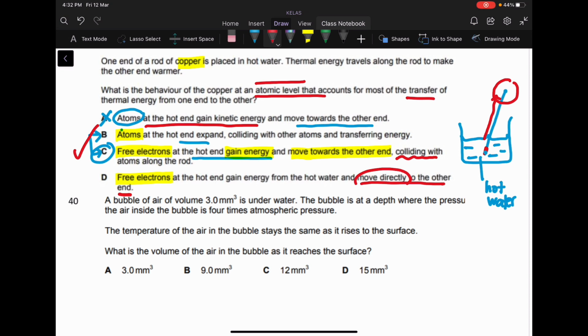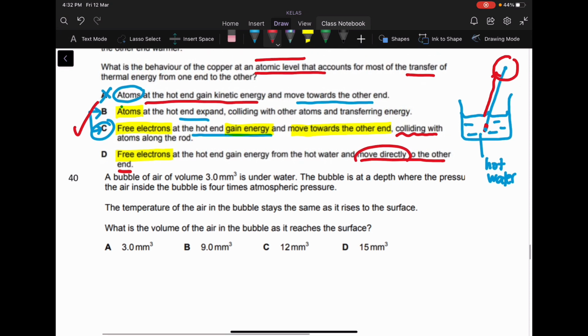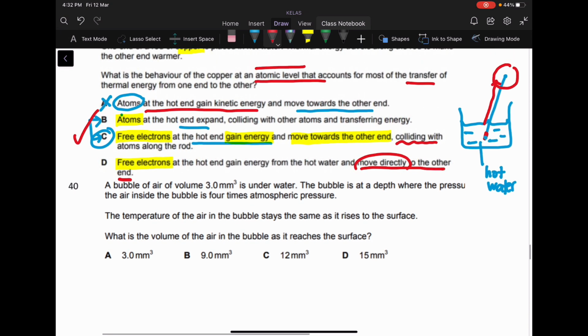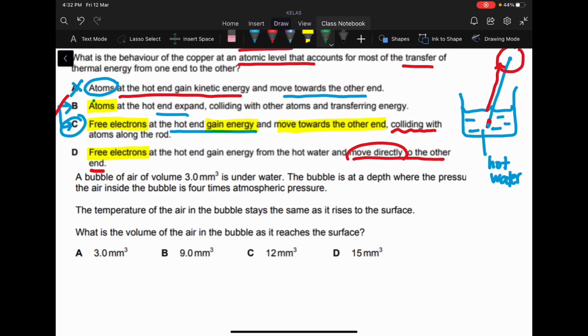Now 40. A bubble of air of volume 3 millimeter cubic is underwater. So you see what I did just now, I drew this diagram. For this question also, you can just sketch in order to help you understand the situation. So this is water, this is the bubble.